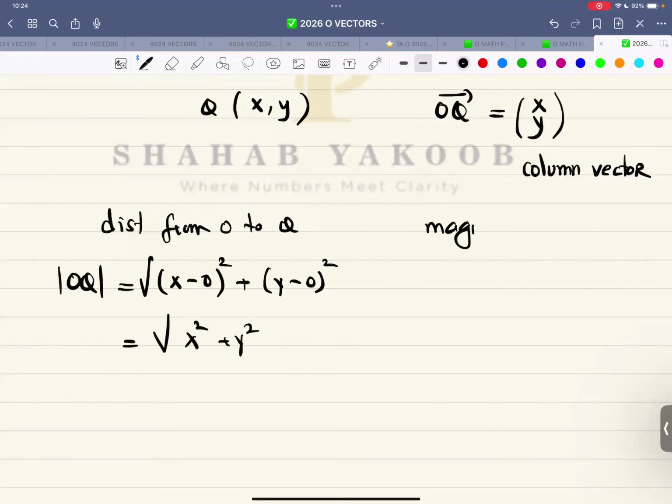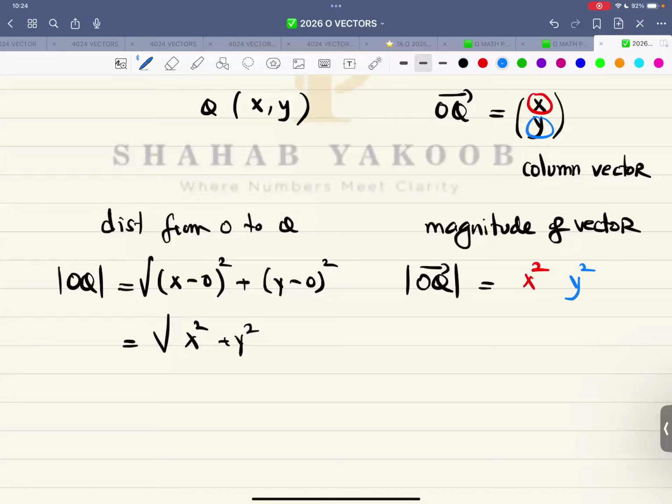Similarly, if I write the magnitude of vector OQ, this is the x, and this is the y. So this is x square, this is y square. Add them up and take the square root. In other words, what we have proven is that the distance from O to Q is exactly the same thing as the magnitude of vector OQ.